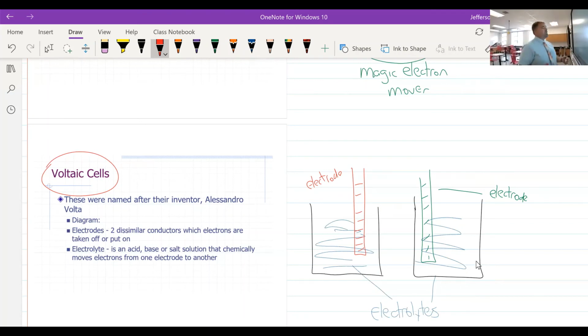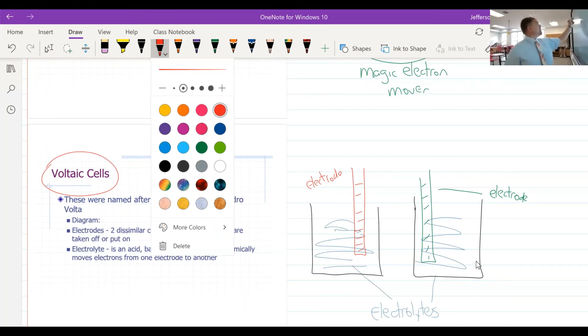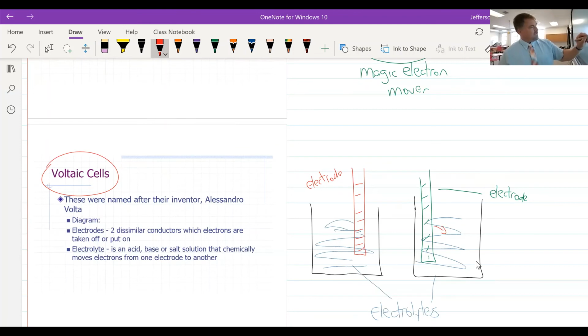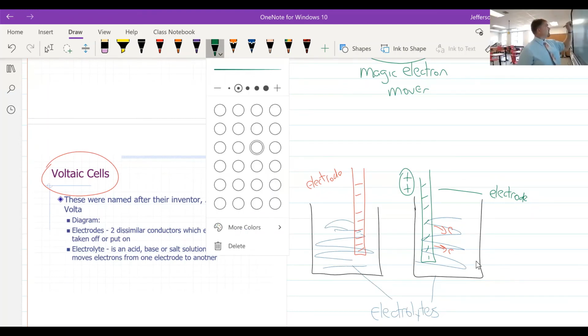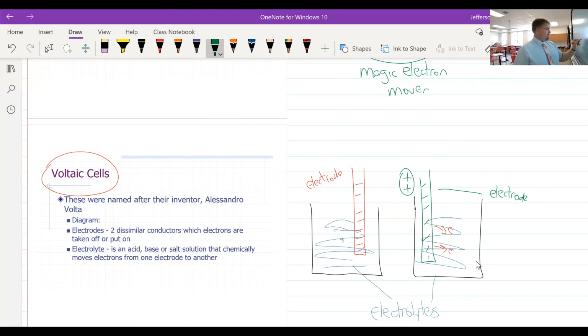These are dissimilar metals. And what's going to happen is that you will have on one side electrons being ripped off. And so this ends up having a net positive charge on this side. And then you have positives being pushed on.